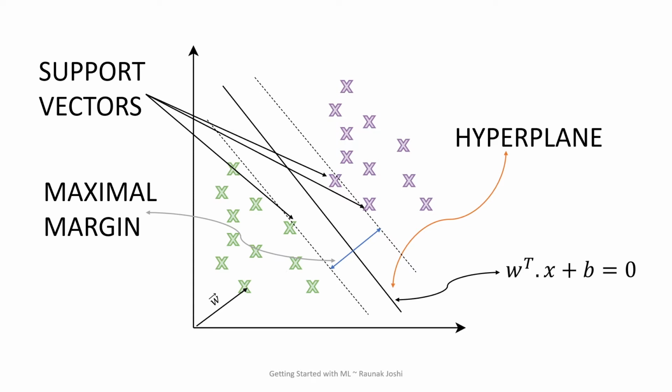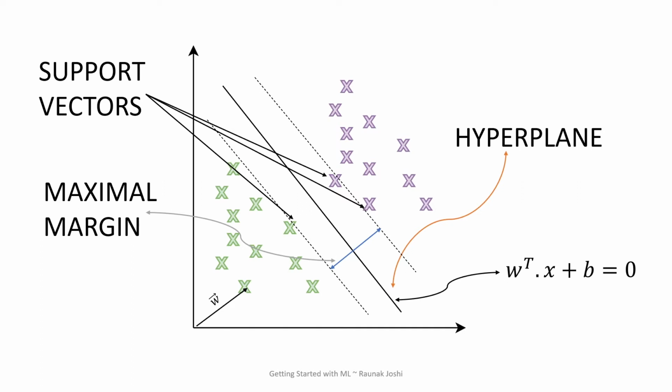The equation that actually tells you about the line is W transpose dot product with X, where X is my point, plus B. This B is an arbitrary number, which can also be termed as, let's say, bias, which is equal to 0. So W transpose dot product X plus B is equal to 0. This is the equation used to give us the hyperplane.